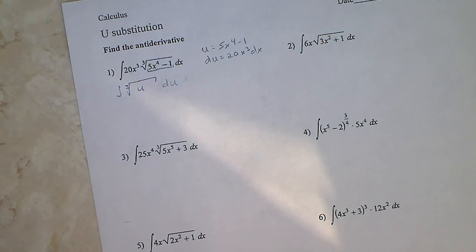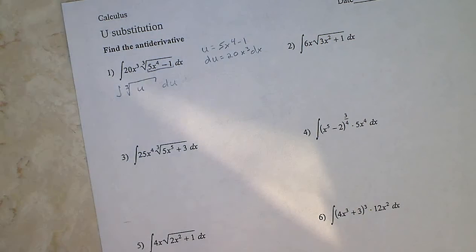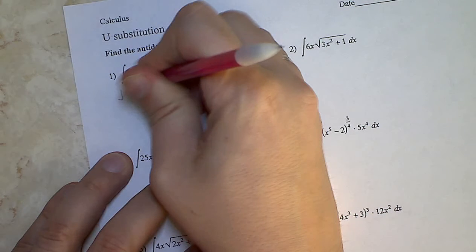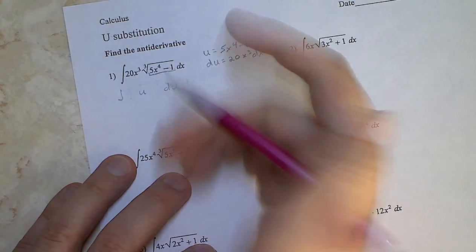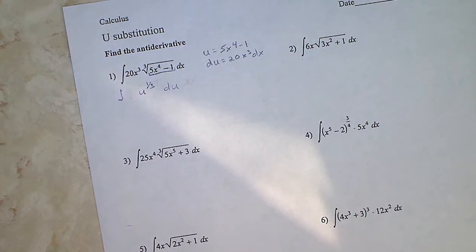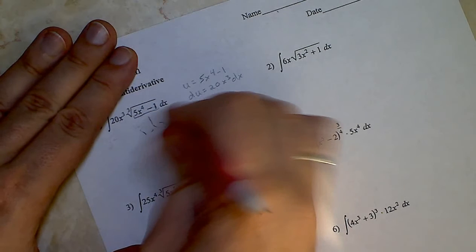I can rewrite the cube root as a power. Do you guys remember what power the cube root is? 1/3. Yeah. So this is the same thing as the 1/3 power. So I'm just going to replace this with u to the 1/3 power. Can we not erase steps, Mr. Katz, and just write them all out? You're right. I'm sorry. That way it's easier to follow.